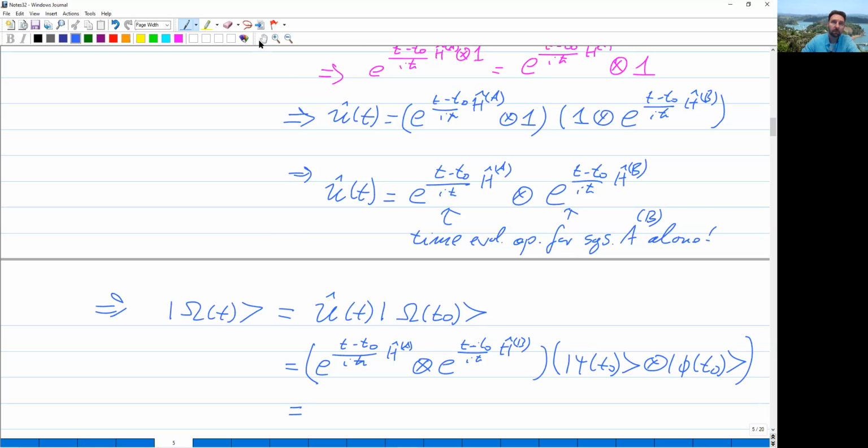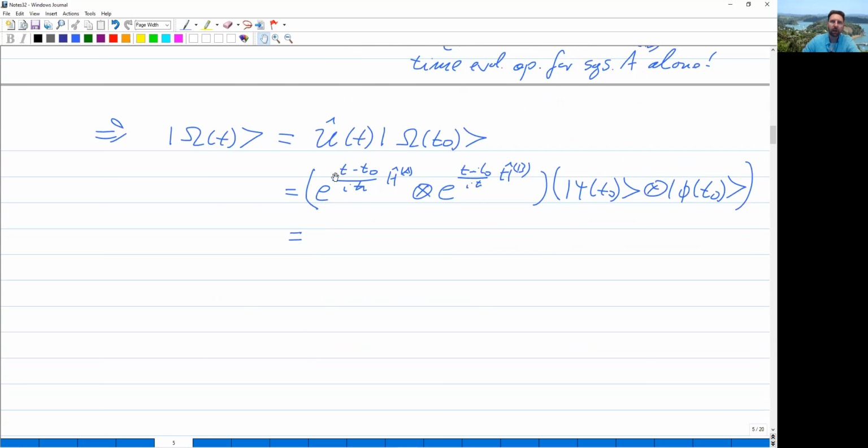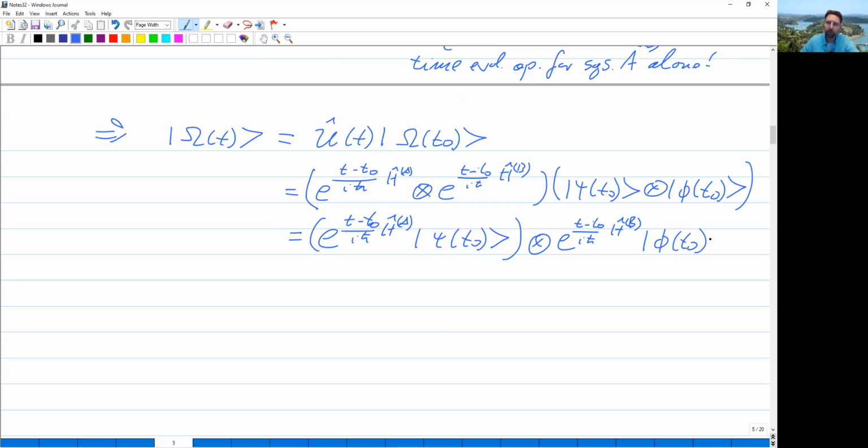Now, remember how the tensor product works. If you have a tensor product of operators acting on a tensor product of vectors, then again, first acts on the first, second acts on the second. So therefore, we obtain that this is equal to e to the power of (t minus t naught) over i h bar h hat A acting on psi of t naught, tensor e to the power of (t minus t naught) over i h bar h hat B acting on phi of t naught.